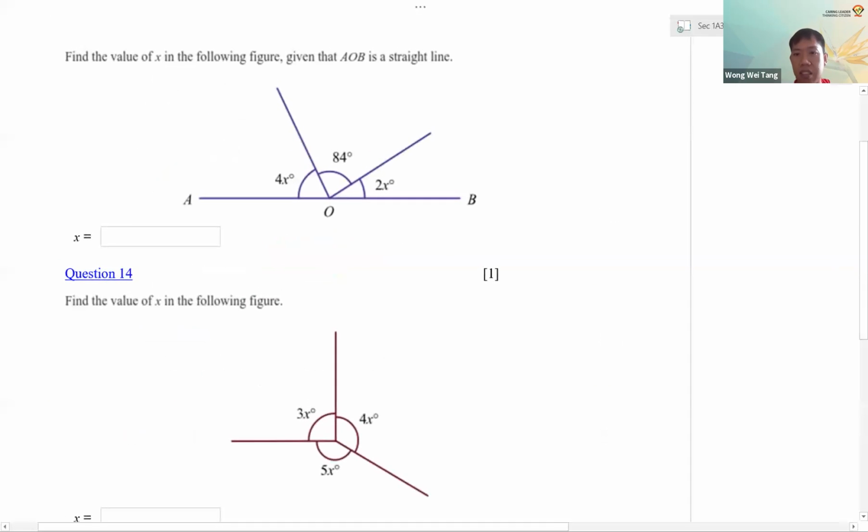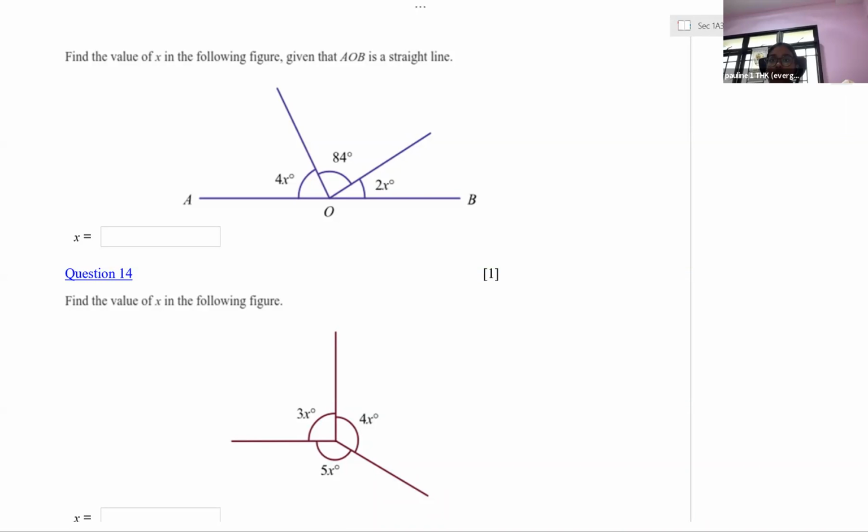Find the value of x. So Pauline, tell us how we can start with this. 6x plus 84 degrees. You have to tell me where you got 6x from.